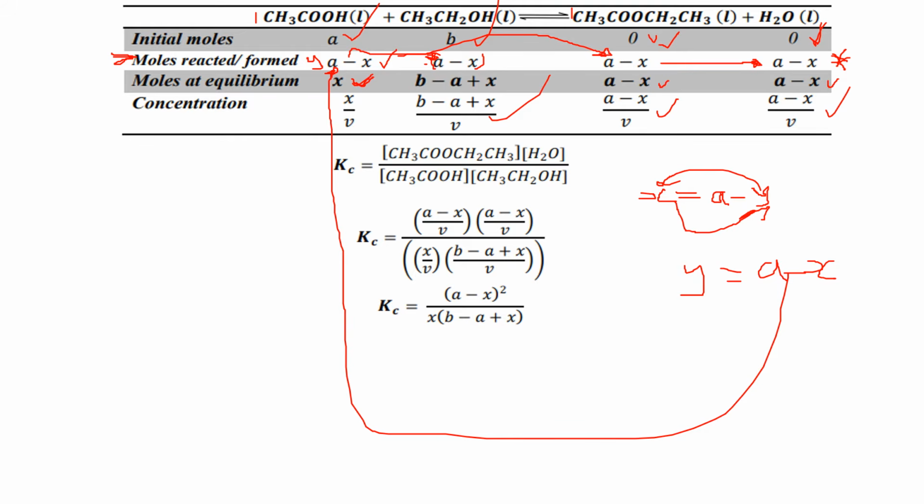Equilibrium constant Kc is going to be equal to the molar concentration of ethyl ethanoate multiplied by the molar concentration of water, divided by the product of the molar concentration of our reactants. Now these must be raised to their stoichiometric powers, or the coefficients used for balancing, but you saw that here we have 1 and we have 1.